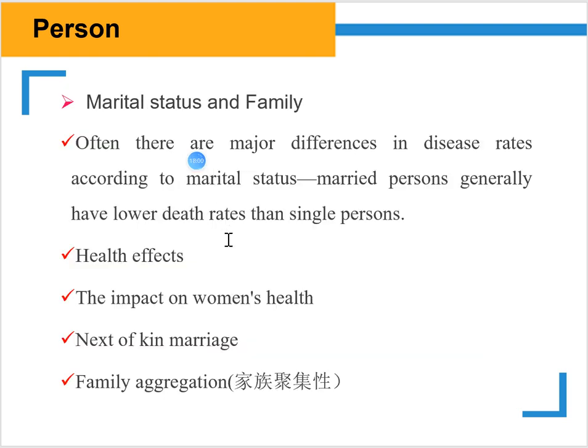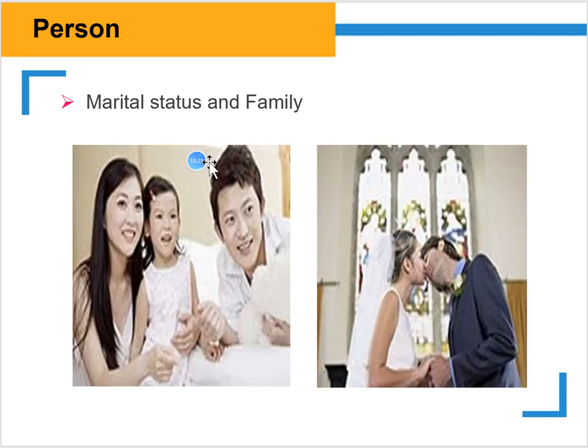Marital status and family. Often, there are major differences in disease rates according to marital status. Married persons generally have lower death rates than single persons. Some diseases have family aggregation. Family harmony contributes to physical and mental health.